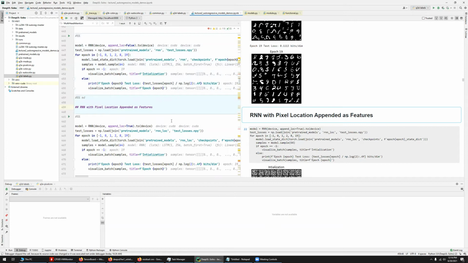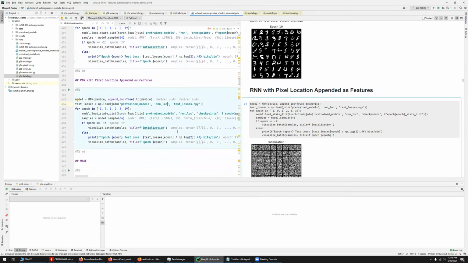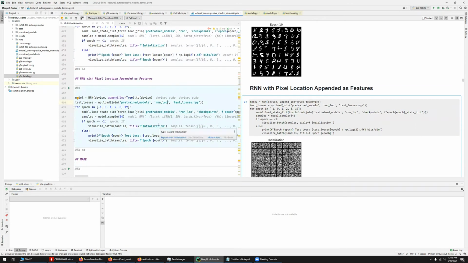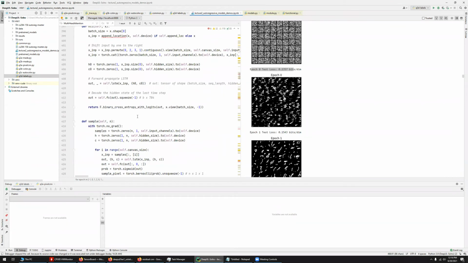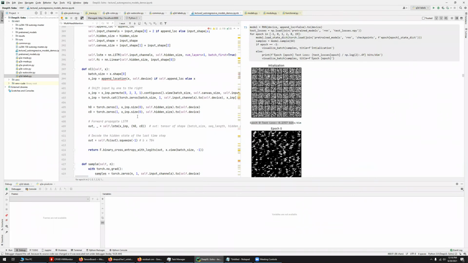So the second implementation, yeah, this one, RNN with pixel location appended. It would be interesting to see how they do that. Yeah, it's the same problem, it's loading it from the file. Not by running it maybe, but just at least looking at the code. Which is not as great, but still would be interesting to see how they have accomplished it.